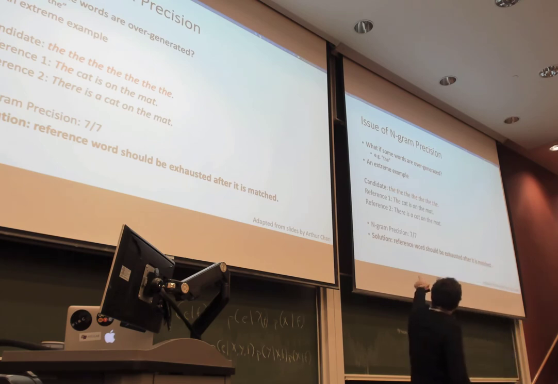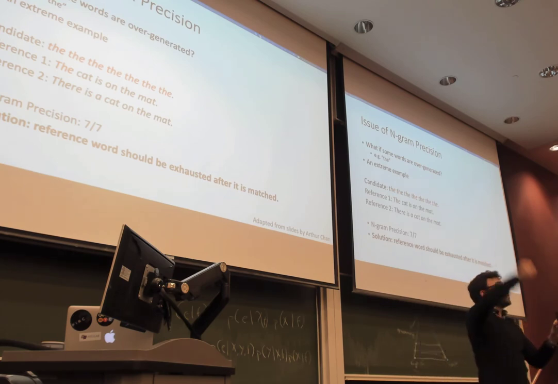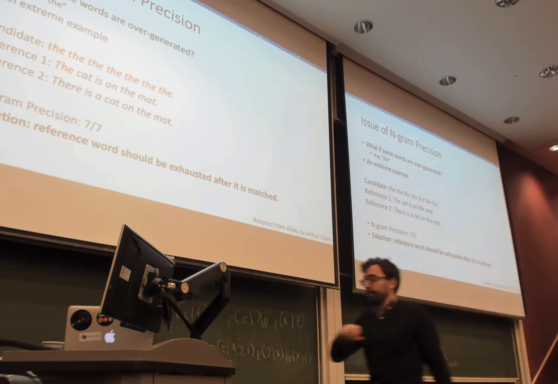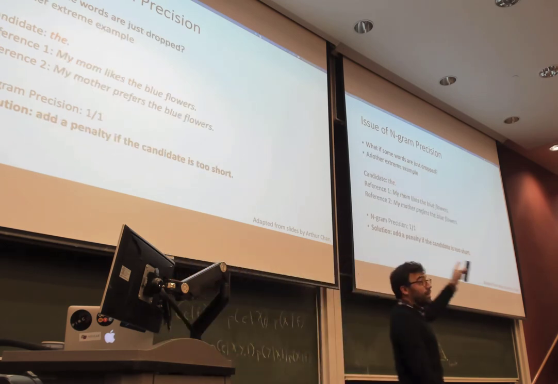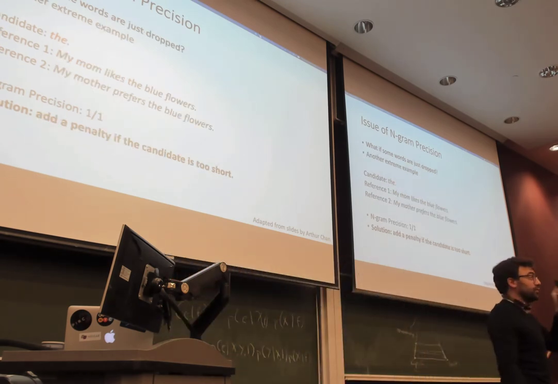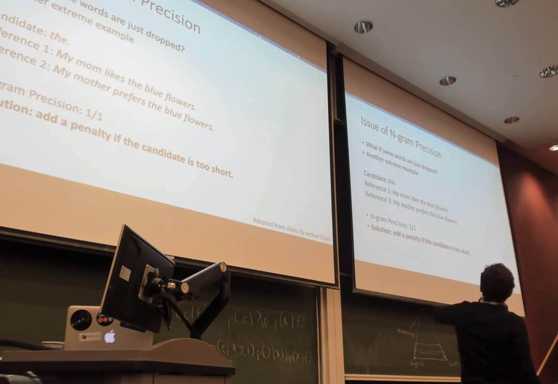So the solution is that a reference word should be exhausted: you cannot match several candidate words to the same reference word. Okay, then instead of producing "the" repeatedly, we only produce it once. I should have changed the references. Let's say now the references are "my mom likes the flowers" and "my mother prefers the blue flowers".